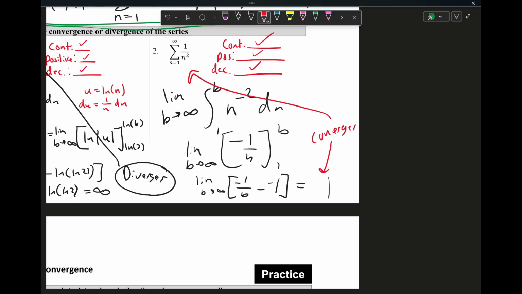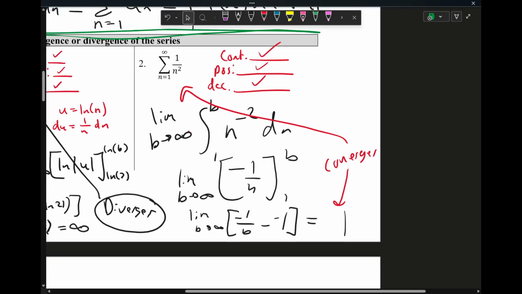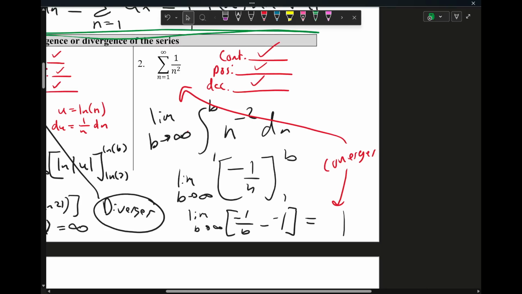Does it mean it converged to 1? We didn't talk about that, did we? It does not mean it converged to 1. If this converges, we know this converges, period, end of statement. Just because this converged to 1, this does not necessarily converge to 1. In fact, the only test that you have learned thus far that you can figure out what something converges to is the geometric, the first term over 1 minus r.